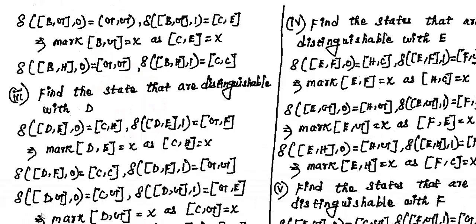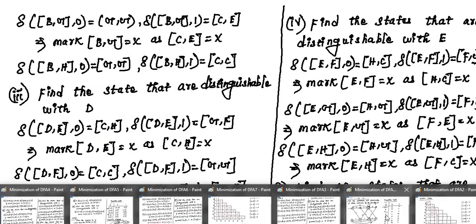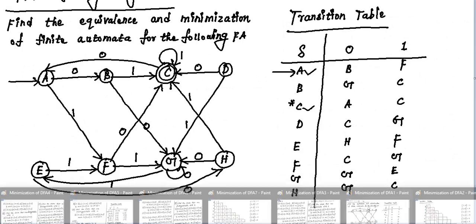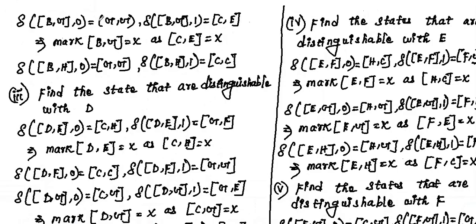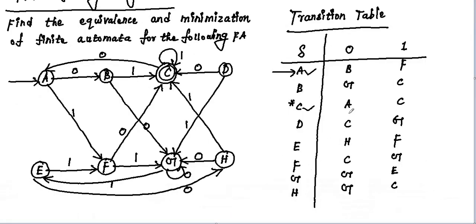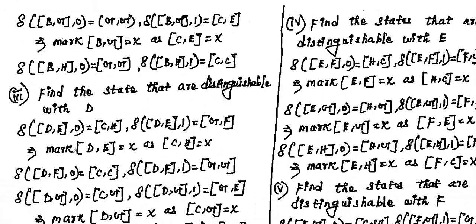Next BG, and apply input 0, 1. BG 0: look at the transition table. BG 0 is G comma G. Next input, del of B comma G 1. Look at the transition table. BG input 1 is C E. Here you write CE.